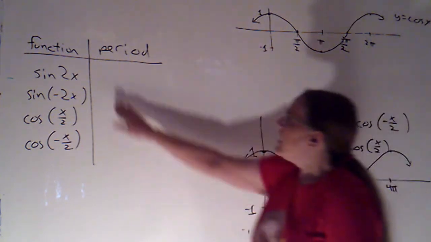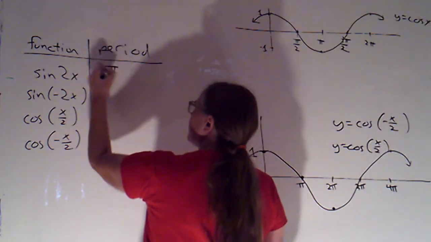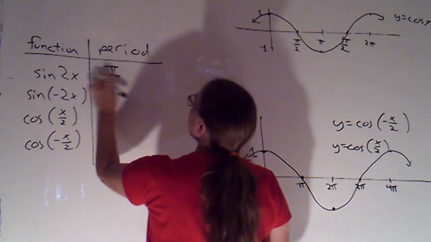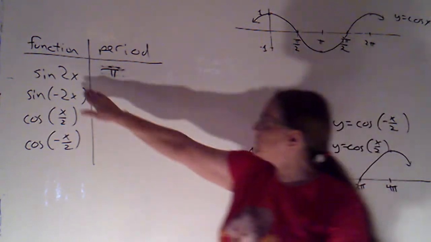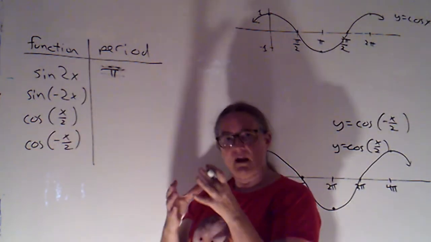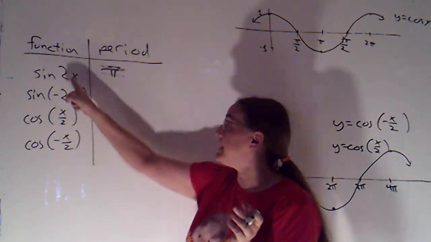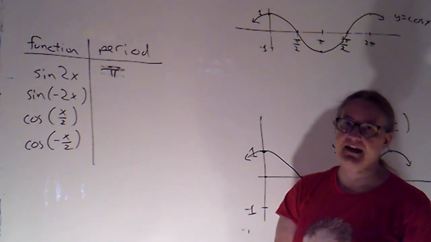For sine of 2x, if you remember, the period was pi, because multiplying by 2 here was a shrink. So we ended up taking our important x values and doing the opposite of multiplying by 2. We cut them in half, and that cut the period in half.